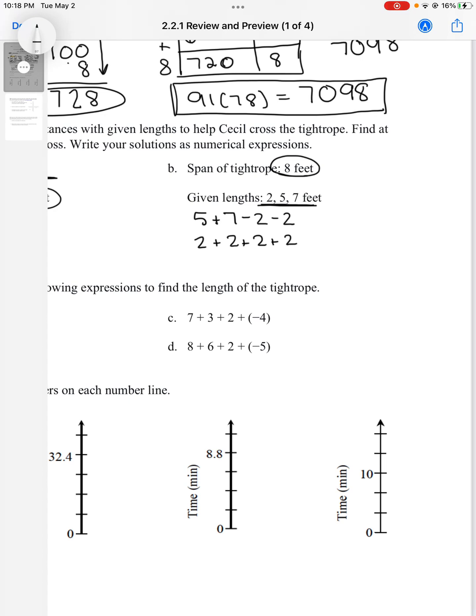I could get really complicated and say, well, 7 plus 7 is 14, plus 2 is 16, minus 5 is 11, minus 2 is 9, plus 5 is 14, minus 2 is 12, minus 2 is 10, and minus 2 is 8. Okay, again, these are just some of the things that you could use.